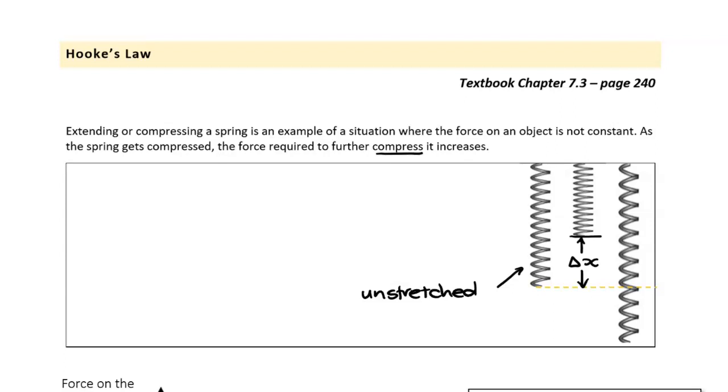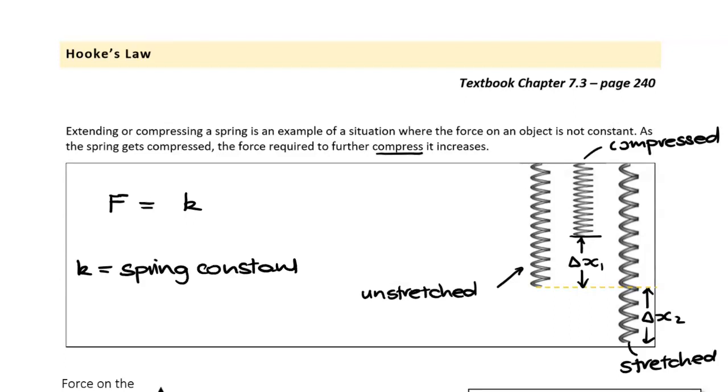In this example, if we've stretched out the spring, maybe we'll label this as delta x1, and then this one here is delta x2. They're 2 different amounts. I haven't made them the same. So I said that to calculate the force, we needed to know 2 things. We needed to know the spring constant, and that's k.